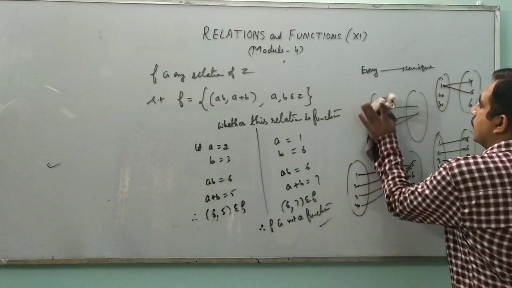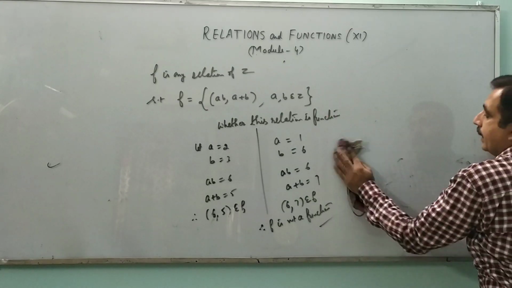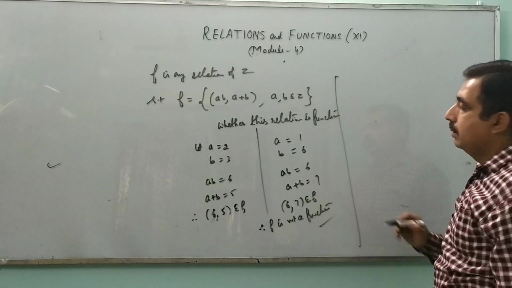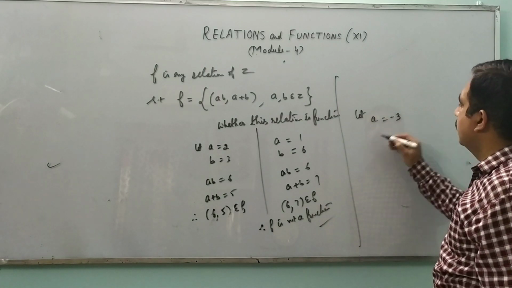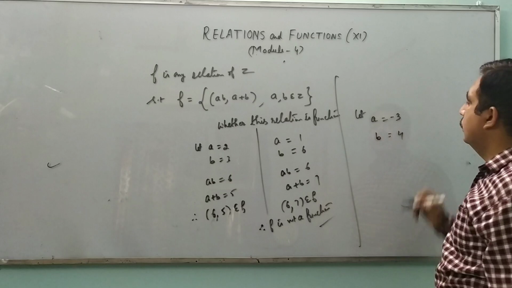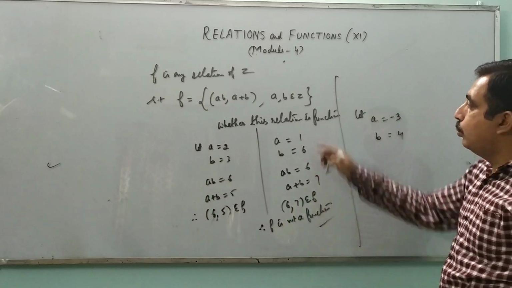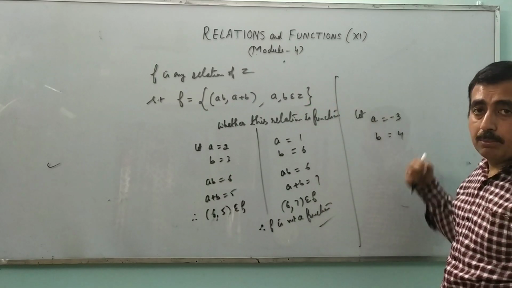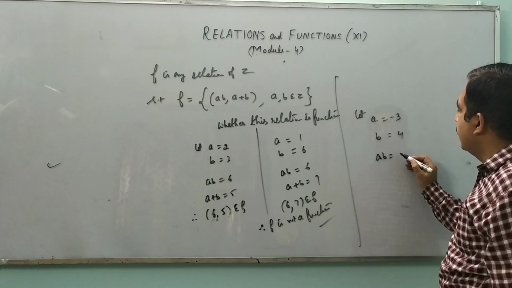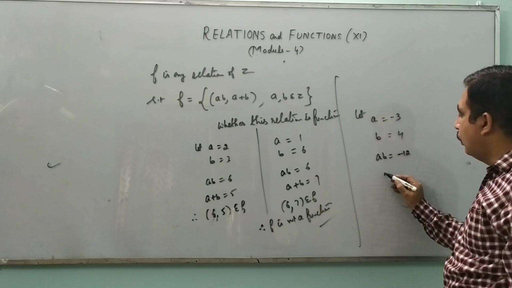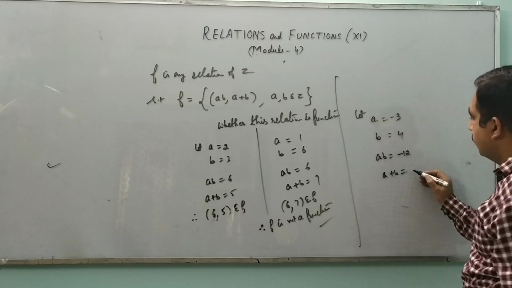If any student says, sir, why have you taken this example? Okay, take any other example. Let a is -3 and b is 4, because we get integers, positive or negative. Product is -12. Sum is 1.